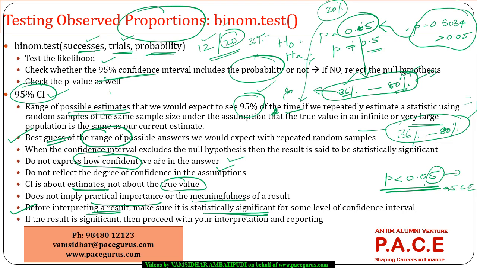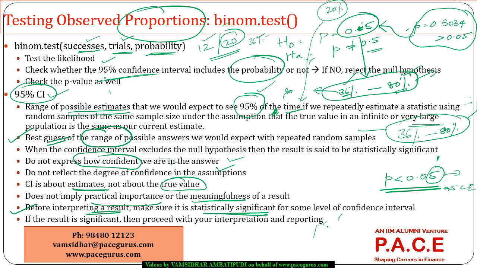If I am going with a 99% confidence level, then I will check if the p-value is less than 0.01. Only if the result is significant are we proceeding with our interpretations and reportings. So that's also something we need to look at, right?